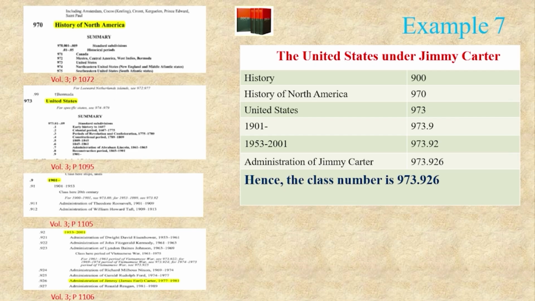Then here is the ready-made class number for the administration of Jimmy Carter, that comes under 973.926. Hence, the ready-made class number is available, so there is no further synthesis required. Hence, the class number is 973.926. And there is a screenshot related to this class number from the schedules given here on the left side for the learners, marked in yellow color.